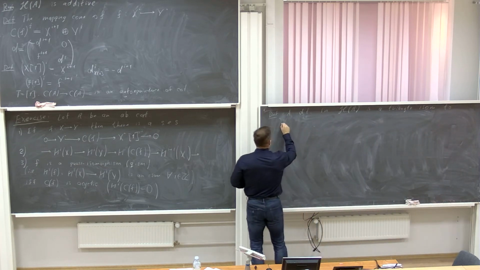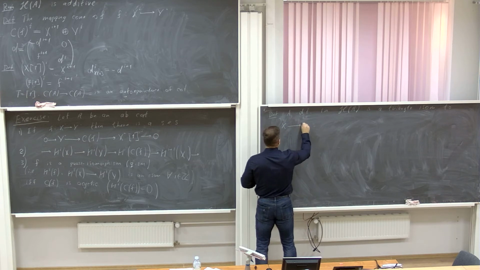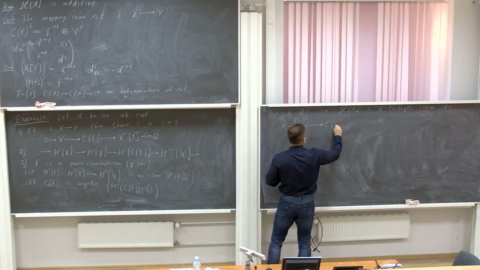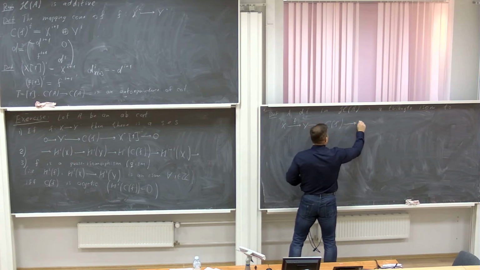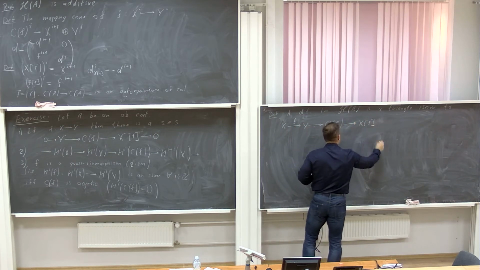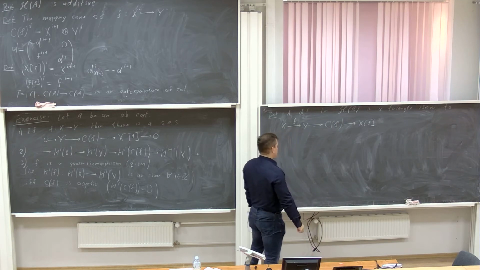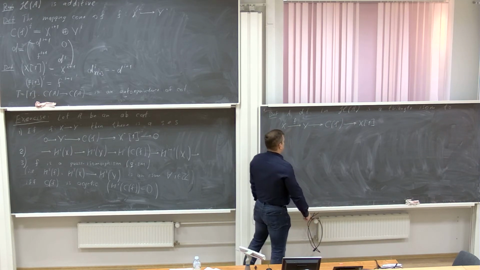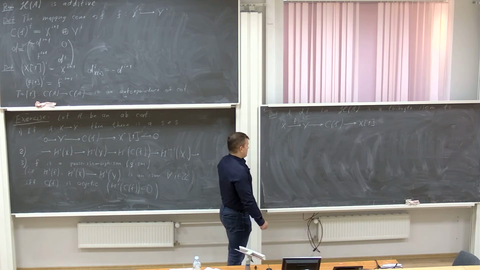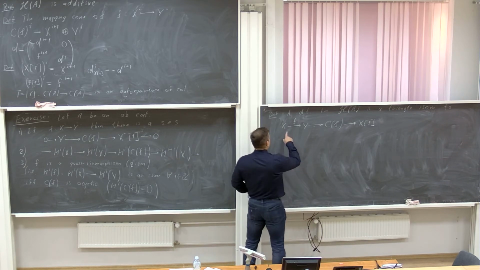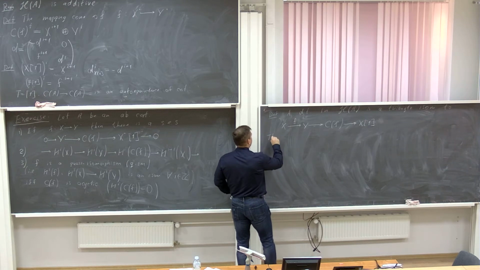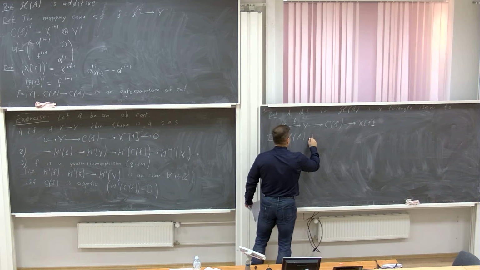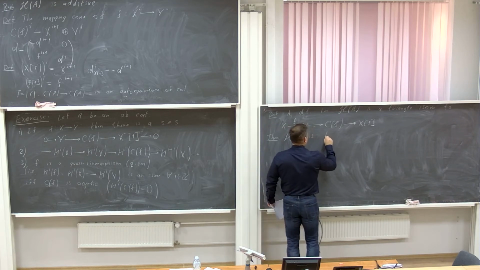I have X, which is mapped to Y by some map F. Then I have a map from Y to the cone, and from the cone a map to X shifted by 1. All such triangles are distinguished, and all triangles isomorphic to such triangles are also distinguished. With this definition of distinguished triangles, we have the following theorem: H of A is triangulated.